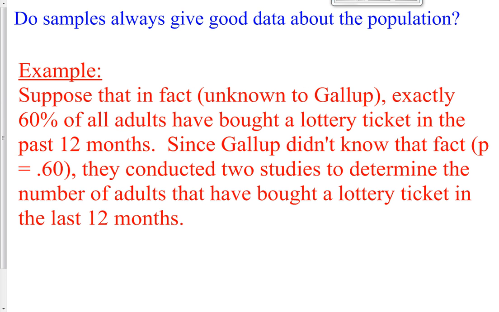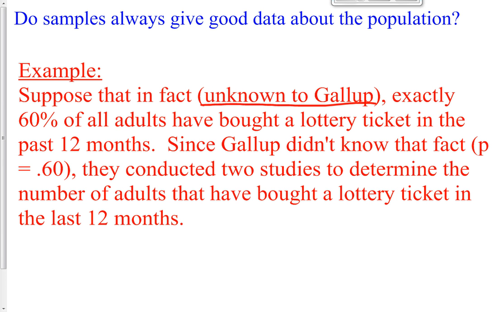Okay, so do samples always give good data about the population? Take a look at this example. Suppose that, unknown to Gallup, and Gallup is an agency, class, a U.S. agency that is in charge of gathering data and doing a bunch of statistical work, a nationwide organization, a very big program.